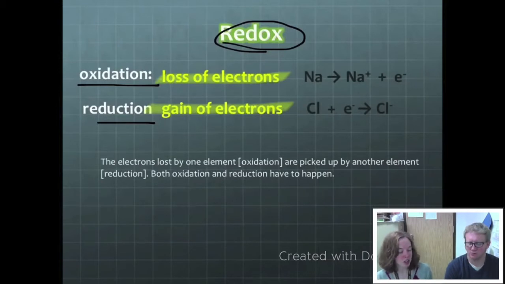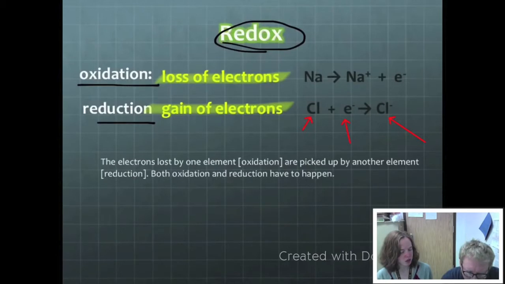So if our oxidation numbers get smaller, look at the reaction we have over here. This, by the way, is what we call a half reaction, because we're not showing everything that's going on, we're only showing the part we care about. So when chlorine picks up an electron, we say it's reduced because its oxidation number went from... what's chlorine by itself?